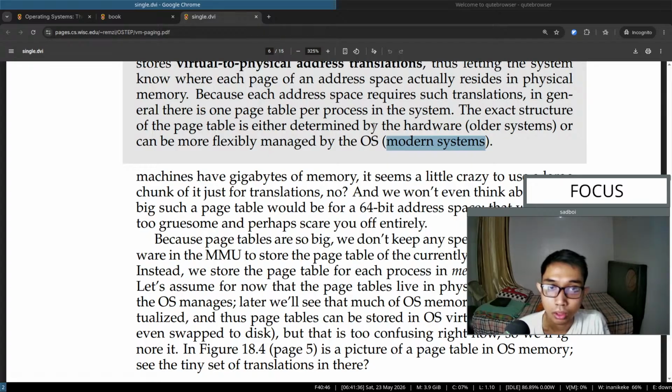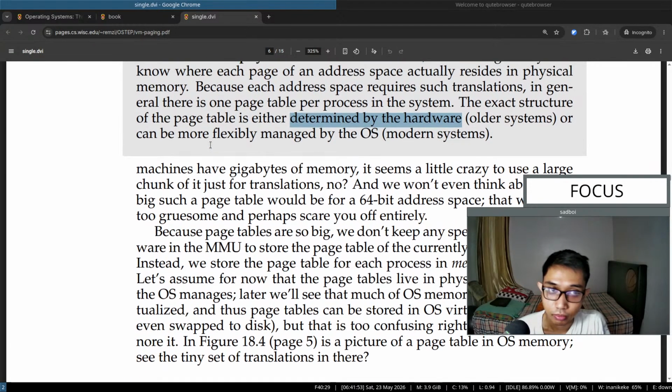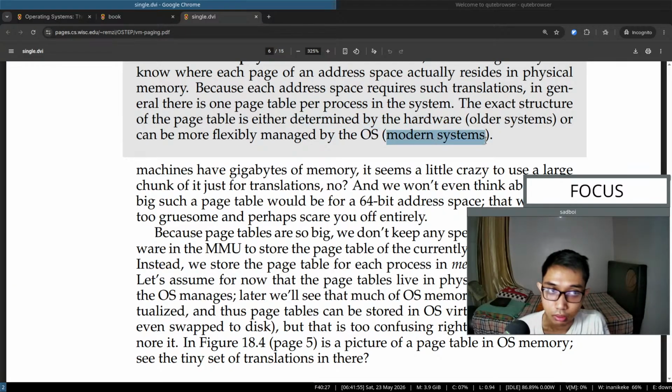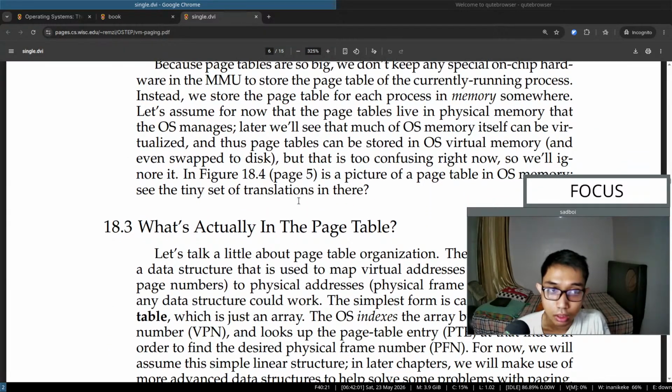Okay, so on the older system, the page table is determined by the hardware. Oh, interesting. Okay. And in the modern system, it is managed by the operating system, from the operating system virtual memory.